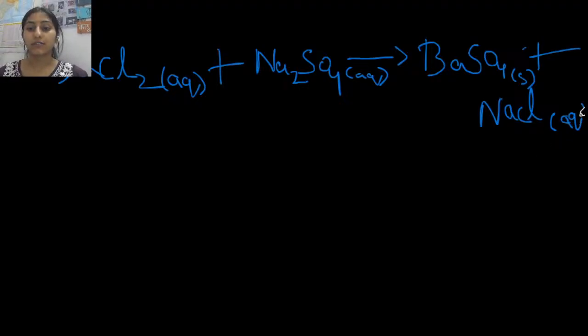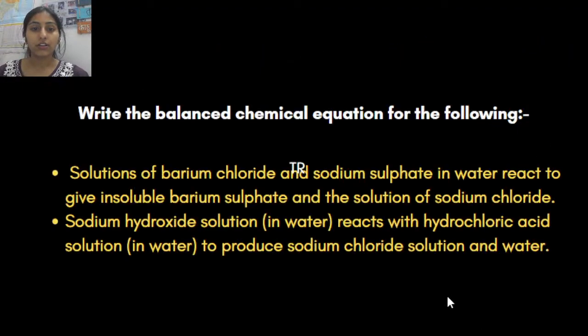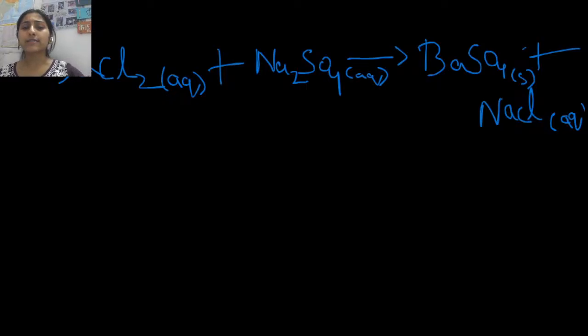So let's get back to our reaction. It mentioned that the barium chloride and sodium sulfate in water, we have mentioned aqueous, react to give insoluble, hence it is solid, barium sulfate and the solution of sodium chloride. From solution we know that it is aqueous, right?